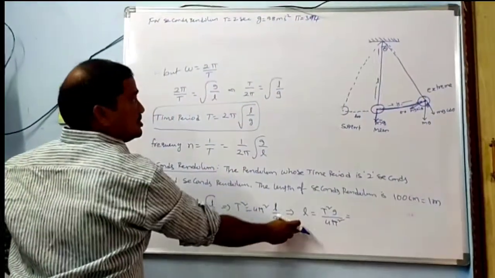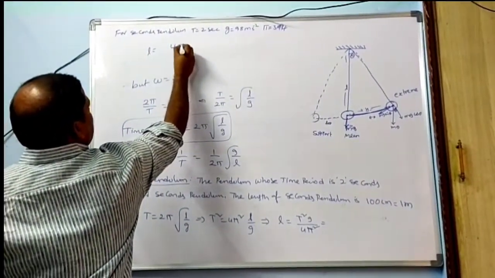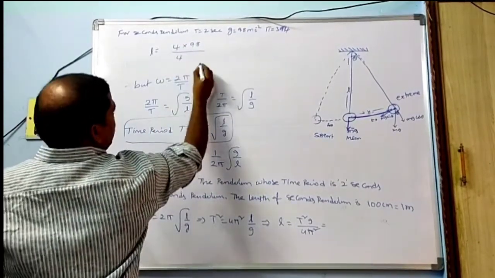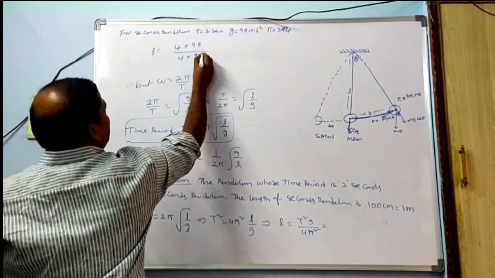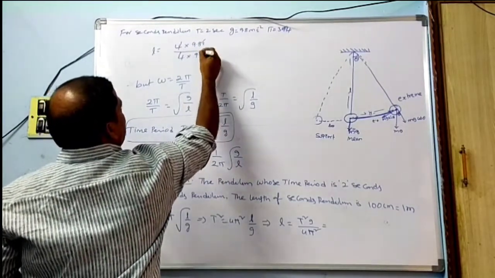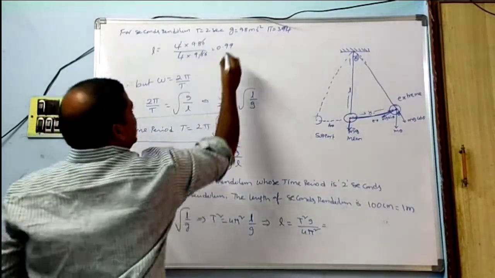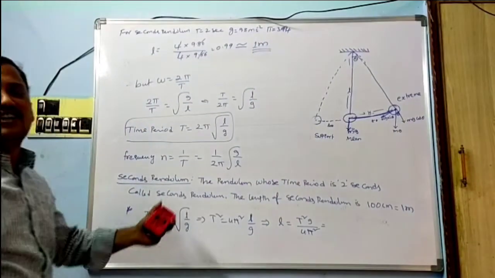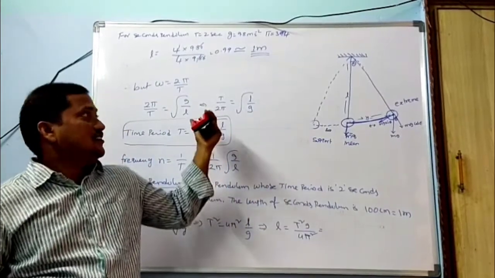Now substitute the values in this equation. You will get L is equal to T square, 2 into 2 is 4, g is 9.8, by 4 into pi square. Pi square means 3.14 into 3.14, nearly 9.86. The 4 gets cancelled. You will get 0.99 approximately, that is nothing but 1 meter. So in this way, you can determine the length of the seconds pendulum. Okay, that's all for this. Thanks for watching.